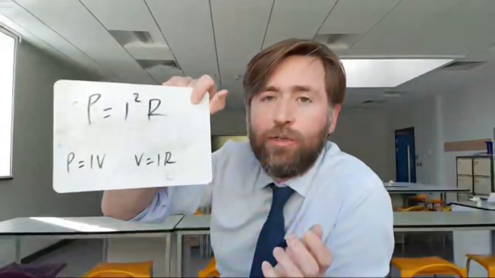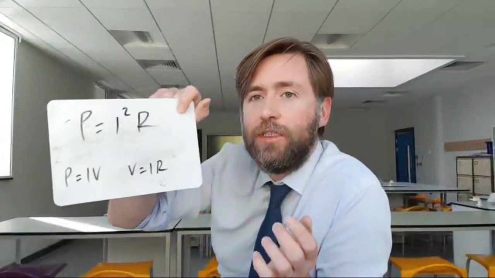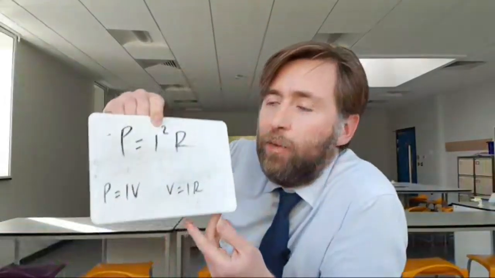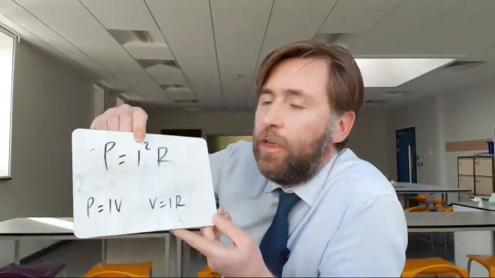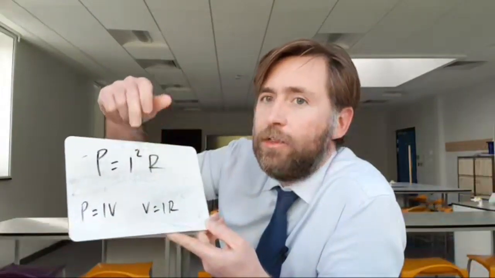We talked quite a lot about that idea of current causing heating. It's a big idea in GCSE physics, and an important idea in all physics. So remember that equation: power loss equals I²R, which means if you halve the current, you quarter the power loss. So that's the reason why we have step-up transformers in the national grid.